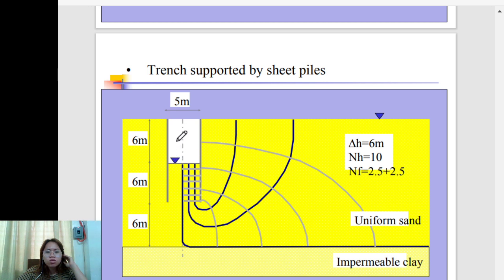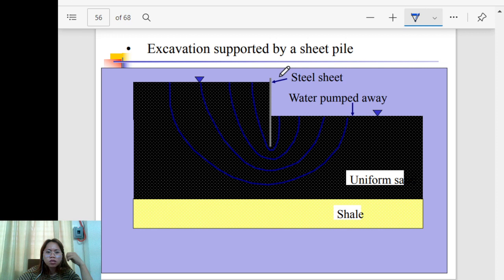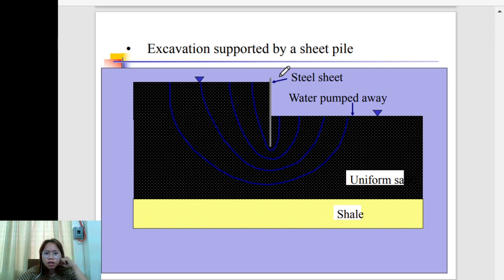Times 2 because it is a trench. For example, this is an obstruction and this is another obstruction, no? So your flow net here is different. First 2.5 plus 2.5.